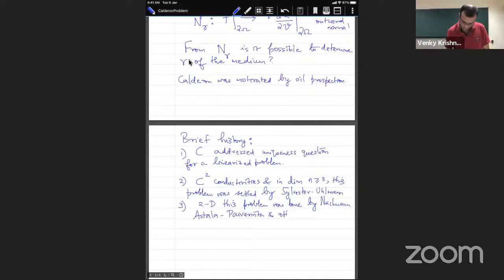So the 2D problem is significantly harder compared to 3 dimensions and higher. I'll give a motivation as to why 3 dimensions and higher is easier compared to the 2D case. And so now the thing is, this is as far as what is called the full data Calderon inverse problem.